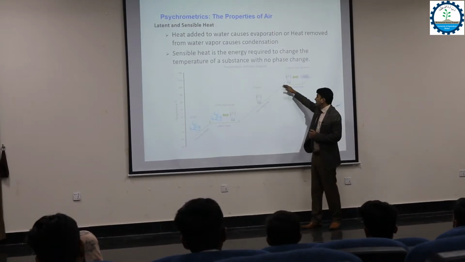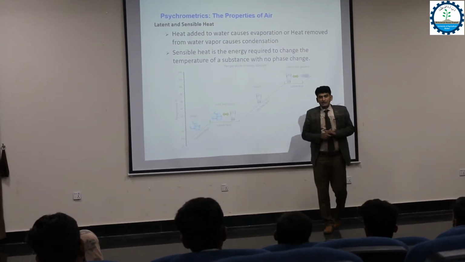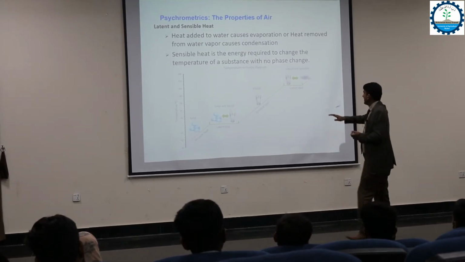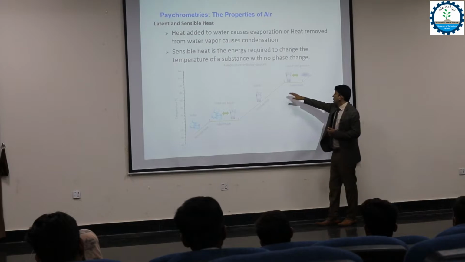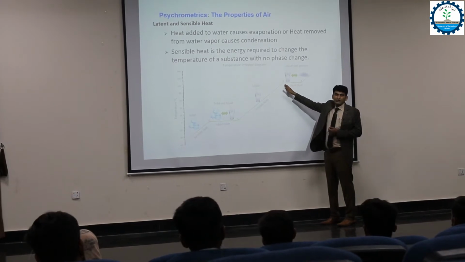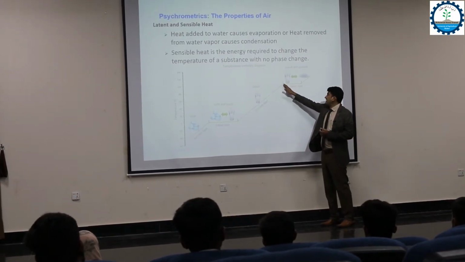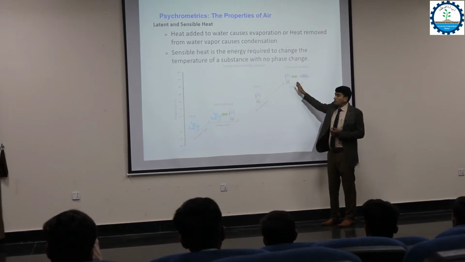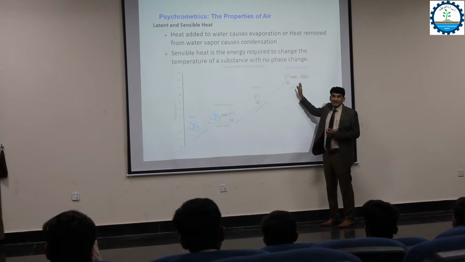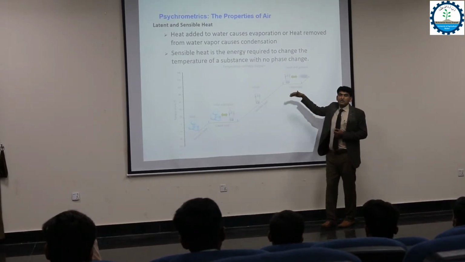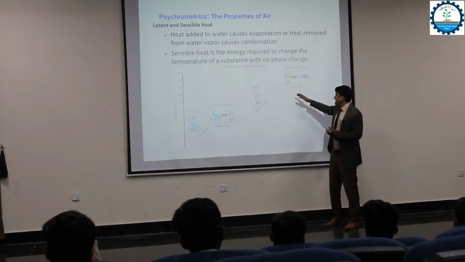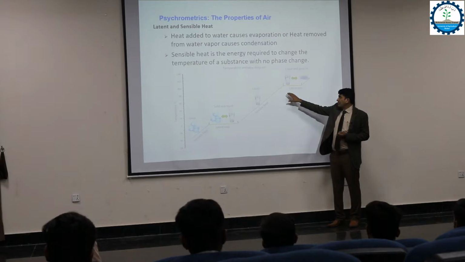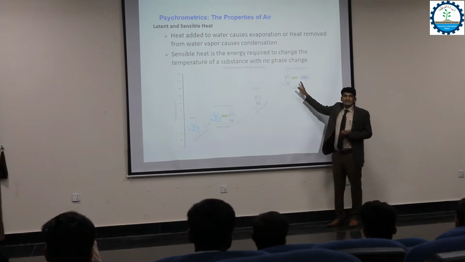And at the boiling point of water, the temperature will remain the same, but the energy supplied to the system will convert liquid water into vapors. So the phase change occurs again. You can also say heat of vaporization. The heat supplied will be considered as heat of vaporization, converting water into vapors.